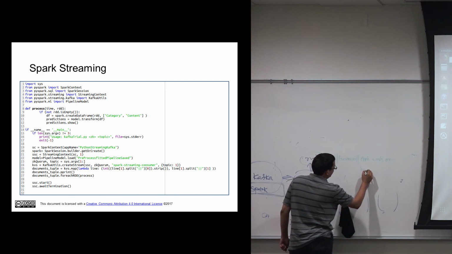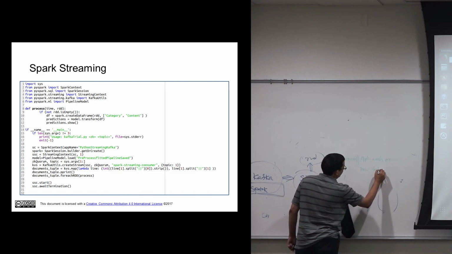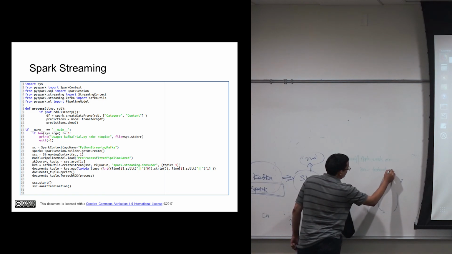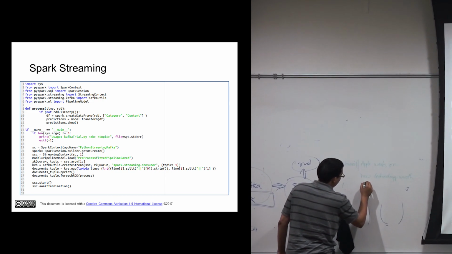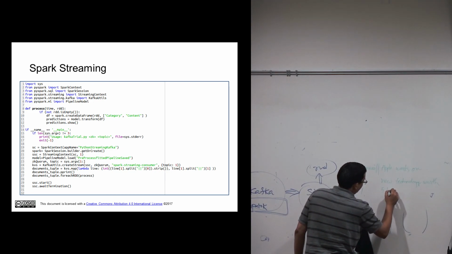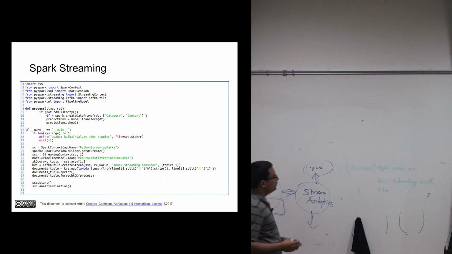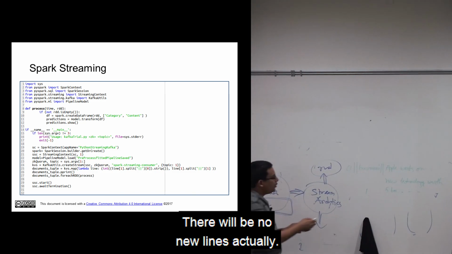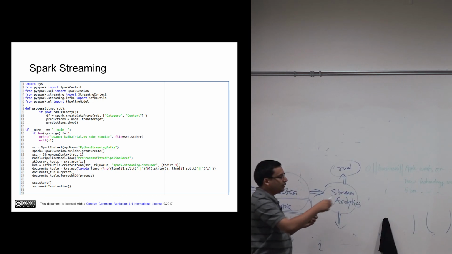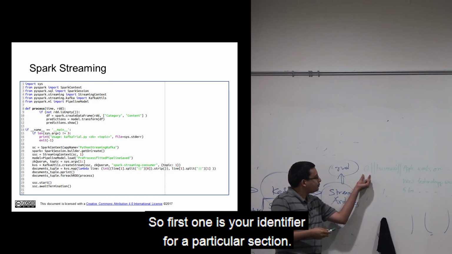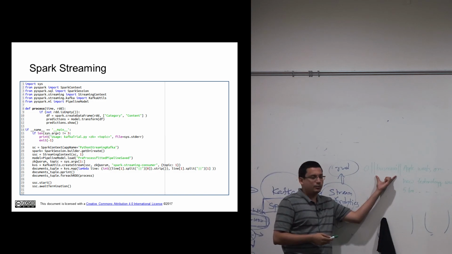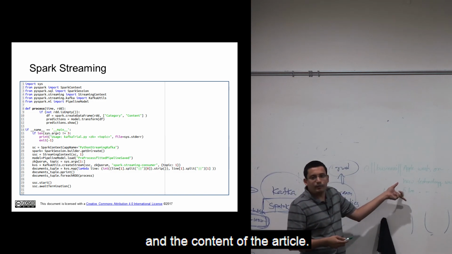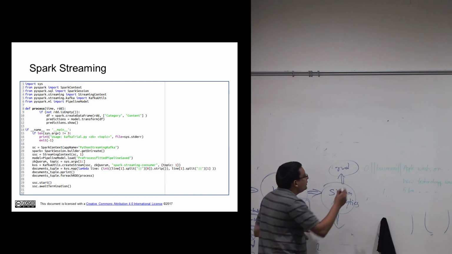Assume this. So your message should look like this. There will be no new lines actually, but to make it easier to see. The first one is the identifier for a particular section. In this case, 0 identifies the business section, followed by the content of the article. These are your separators.